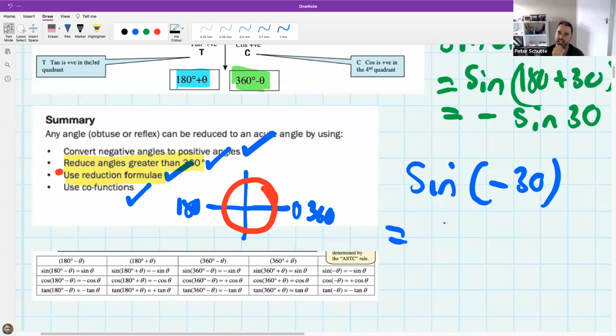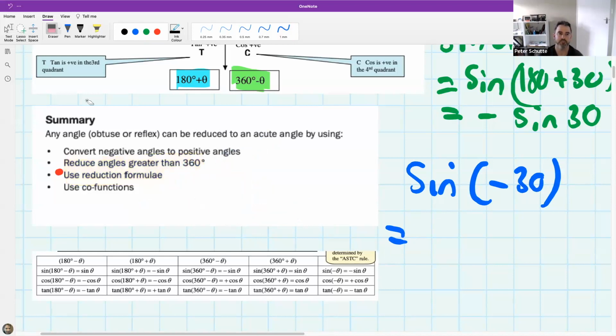How are we going to do that? Which quadrant would I be in if I want to change a negative angle to a positive? So minus 30 would be going in this direction.